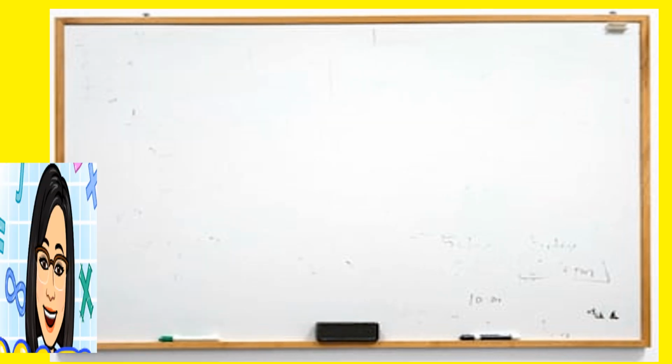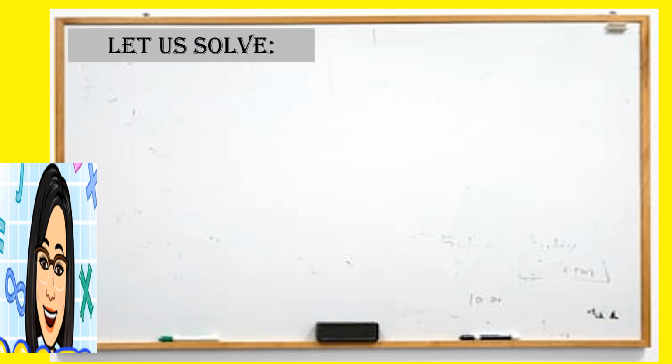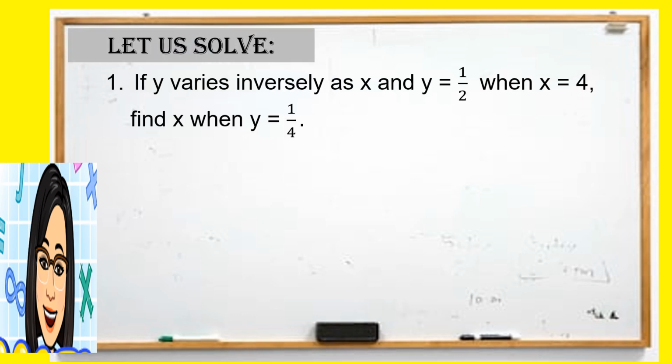Now let us solve the following problems. Our first problem is, if y varies inversely as x and y equals 1/2 when x is equal to 4, find x when y equals 1/4. First, let us translate the statement, y varies inversely as x, into symbols.